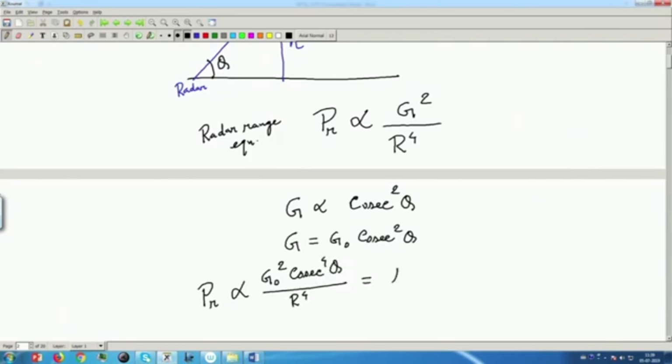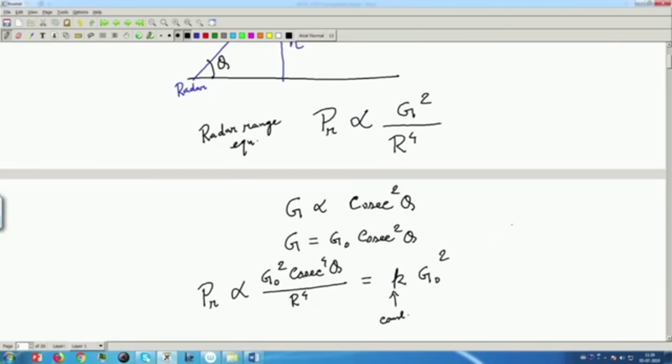This is a constant of proportionality, G naught squared, then I have cosec 4th theta by r 4th.